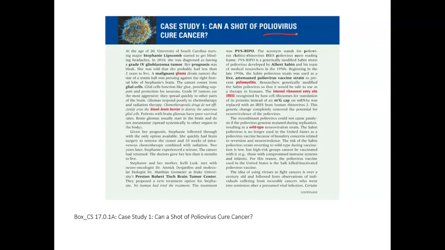So this is a pretty cool example, and there are a number of oncolytic viruses that are in the clinical stage right now or are approved, and you can go to the government website and you can see right now what clinical trials are currently ongoing.